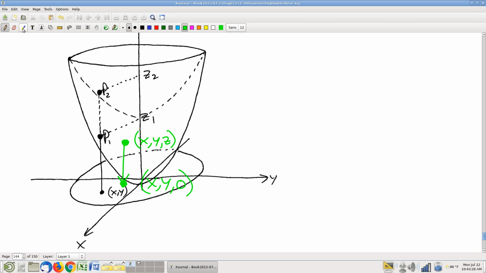And projection, of course, just means I'm throwing away the z coordinate. Right? So z is 0. But more importantly, projection means that the xy coordinates don't change. A vertical projection, it's vertical. X doesn't change, y doesn't change.